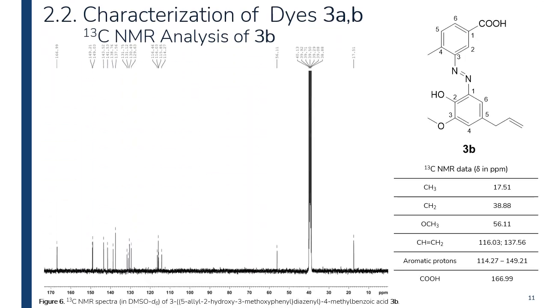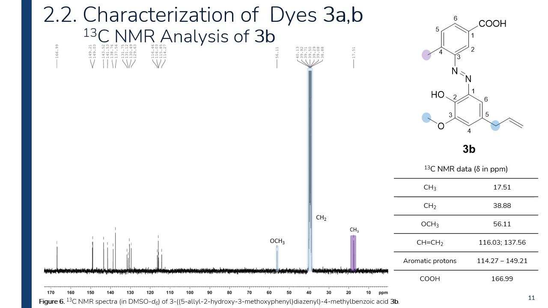Well, the carbon NMR spectrum of dye 3B shows a pattern similar to that of dye 3A, with an additional signal confirming the methyl substituent. Following the methyl signal, we observe those corresponding to the methoxy and methylene groups.